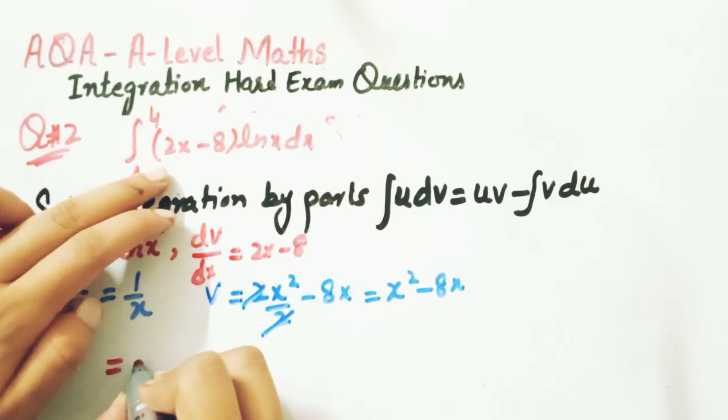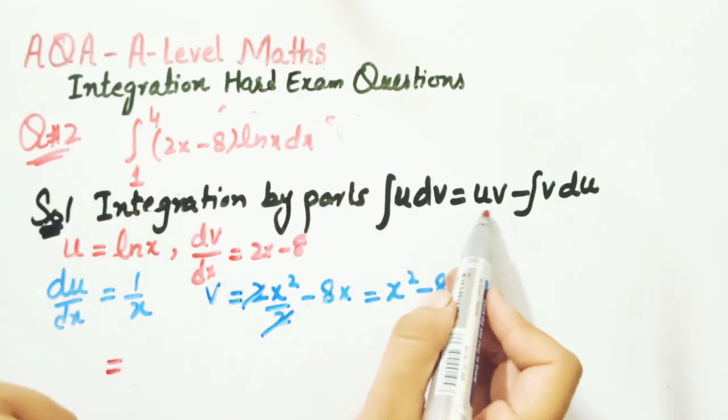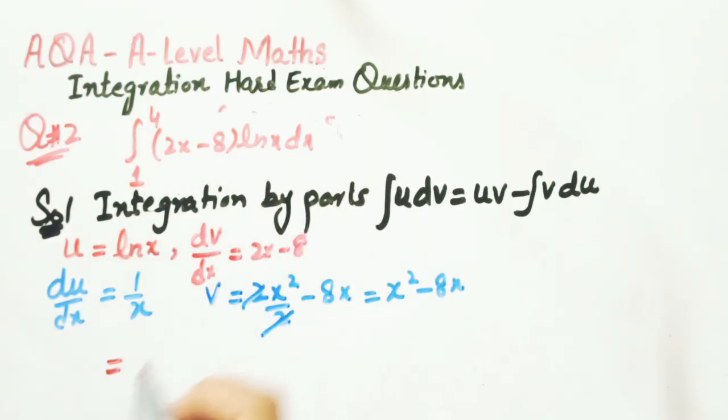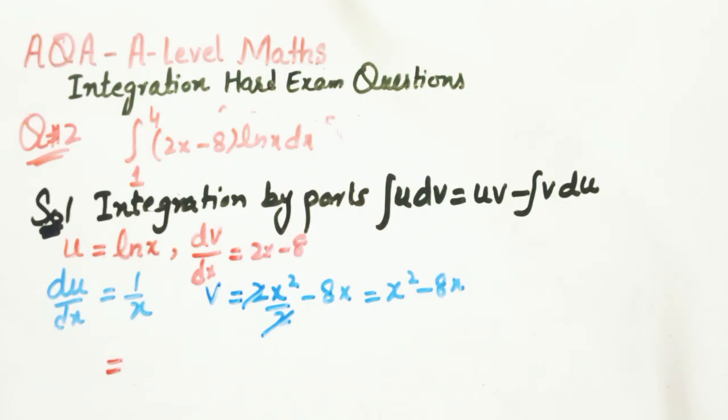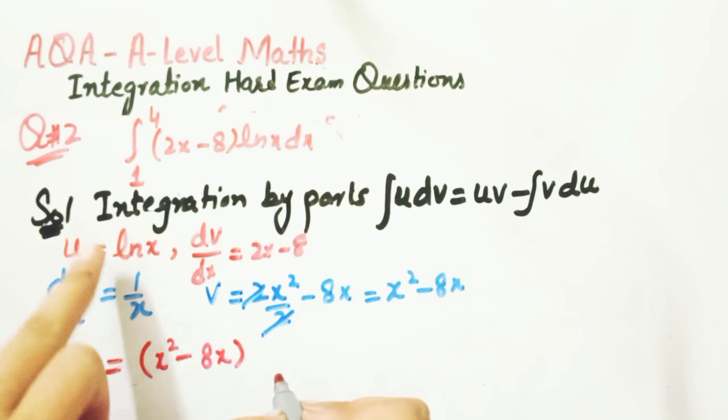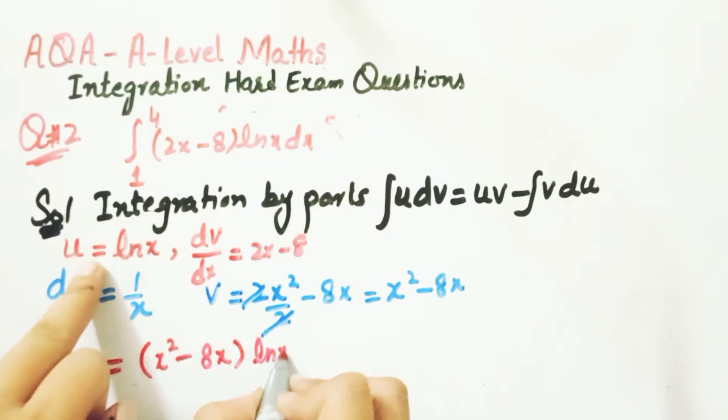Now we will apply the integration by parts formula here. uv means we get x squared minus 8x, this is the value of v, and the value of u is ln x.